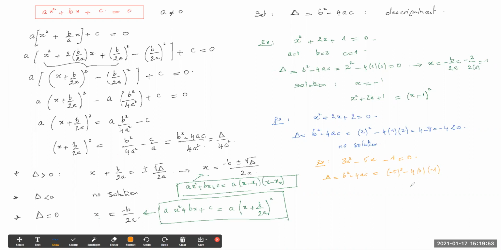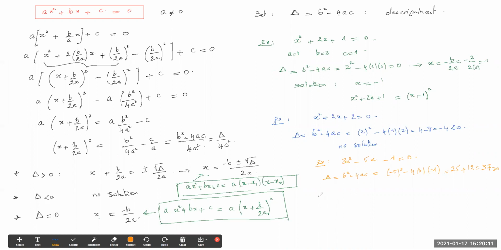So this gives me 25 plus 12, which is 37. 37 is something positive.